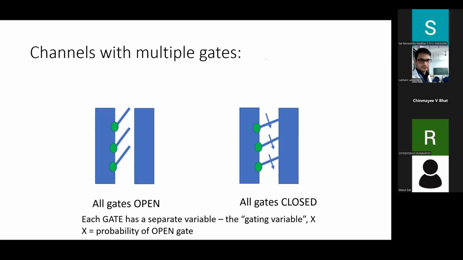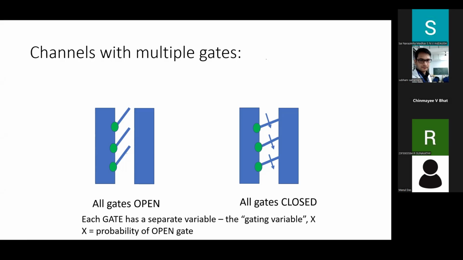The pipe is open when every part of the pipe is open, right? That's when you say the entire pipe is open. But I can squeeze the pipe at various points. Even if I squeeze the pipe at one point, the whole pipe is closed, right? So now think of the channel as having multiple sections inside, where there is independent open-closed dynamics going on.